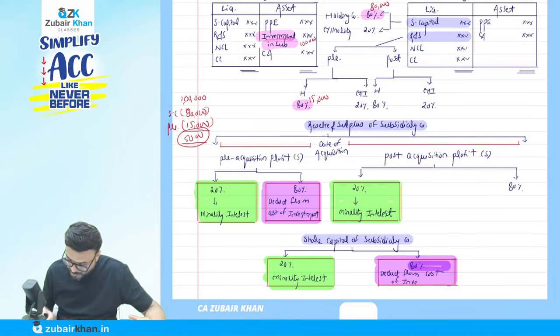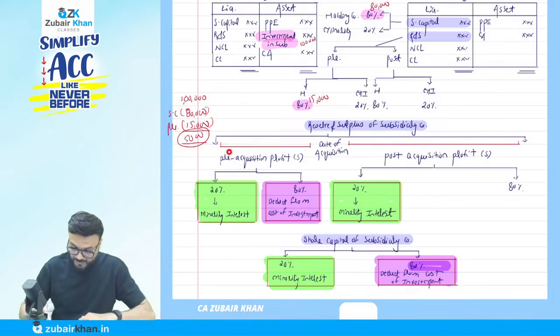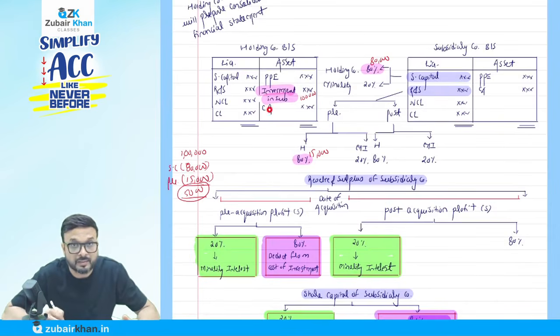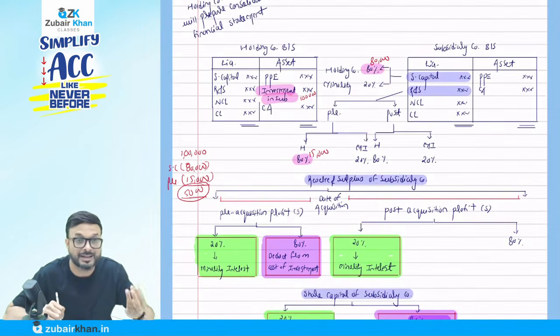So remember better, these two things are going to be deducted from the cost of investment. So the investment in the subsidiary company and the portion in share capital, reserve and surplus, pre-acquisition I'm talking about, is not going to appear in the balance sheet. The net effect will appear. So the net effect we will show is 5,000.